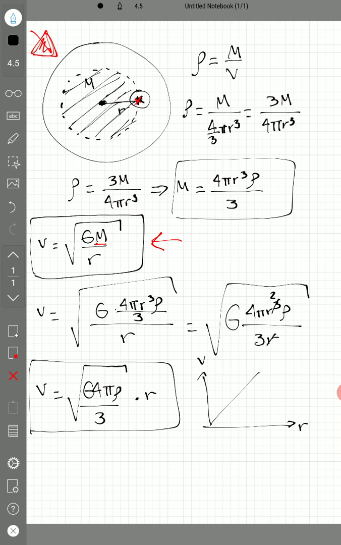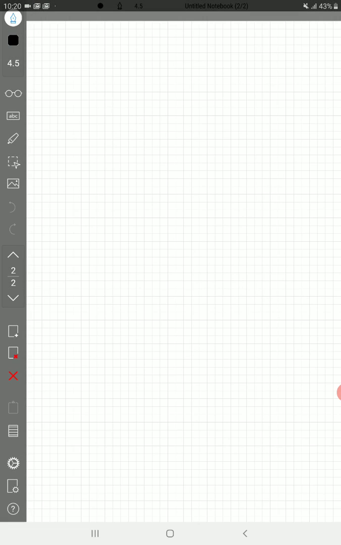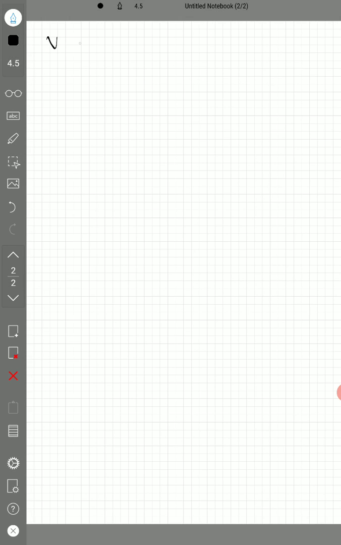Now, what happens when you put those two things together? We have basically something that says v is proportional to 1 over the square root of r. That's outside, and we just found that v is proportional to r inside.